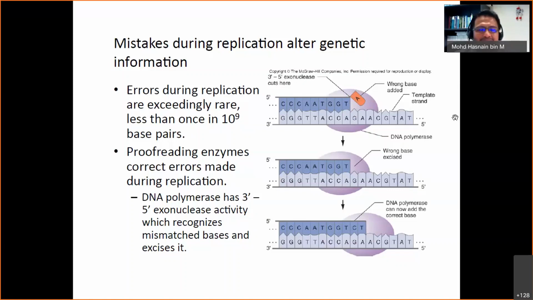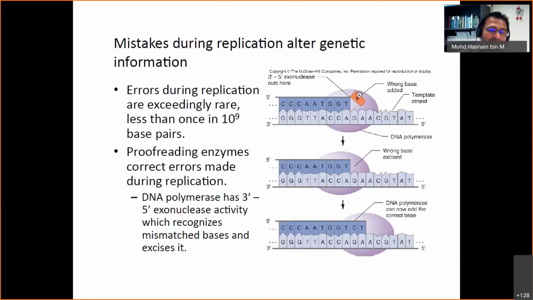That is why it moves in the 3' to 5' direction. Okay, well done, everyone. And then the enzyme is an exonuclease because it recognizes the terminal end, the outside of the nucleotide. So exonuclease.